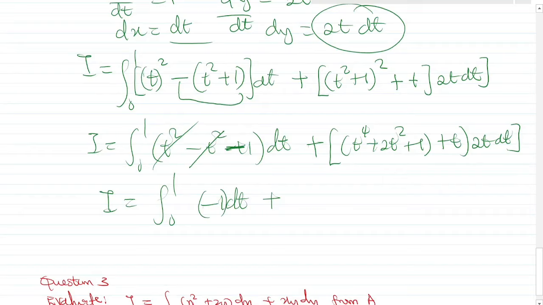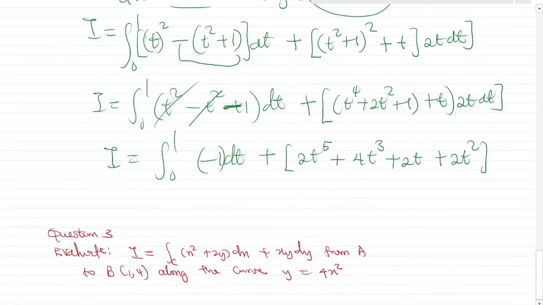Then plus, if you open this bracket, you have 2t to the power of 5, plus 4t to the power of 3, plus 2t. Plus, if you multiply this, you have 2t squared. So when you have that, then you have dt.